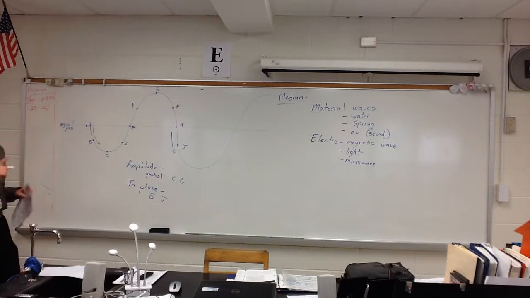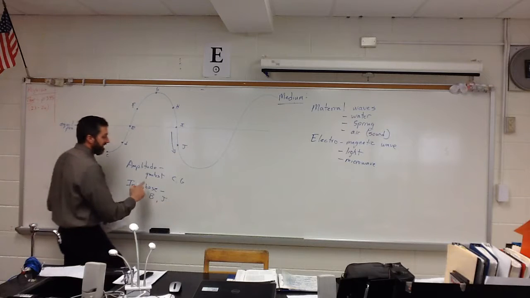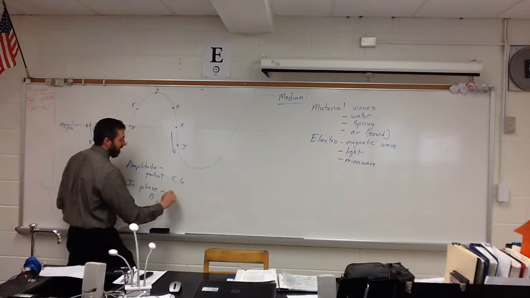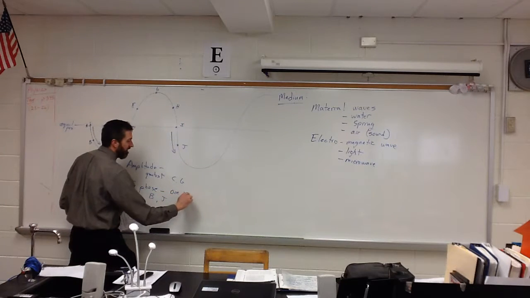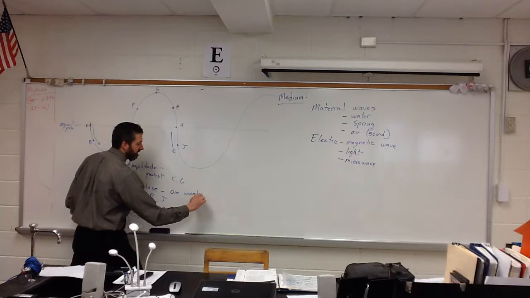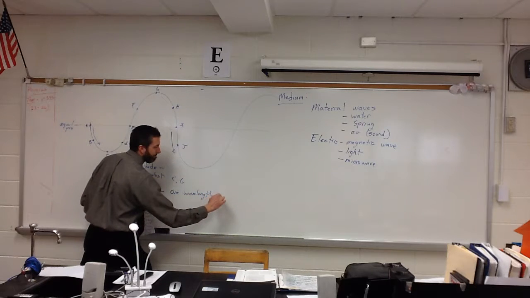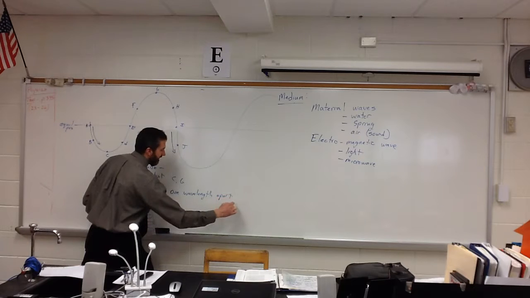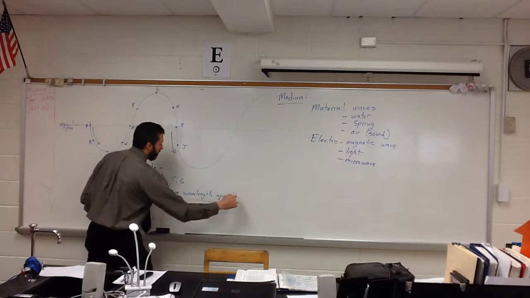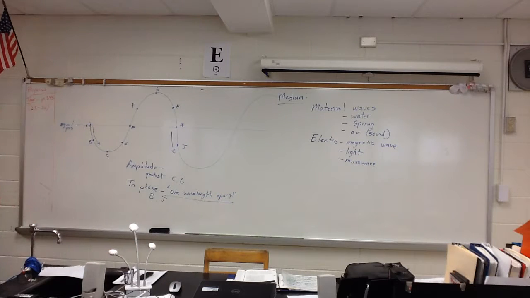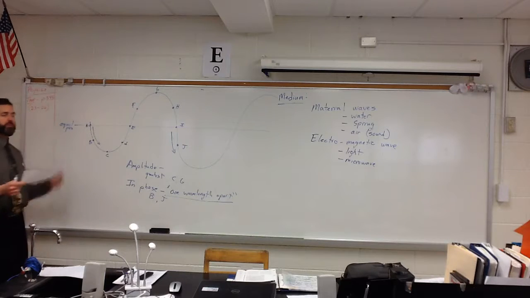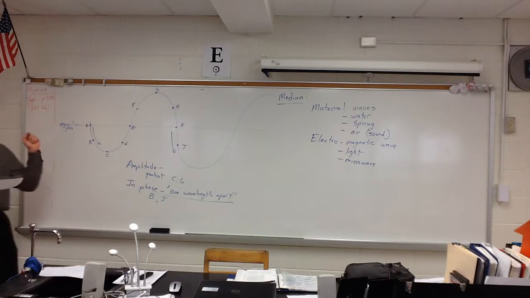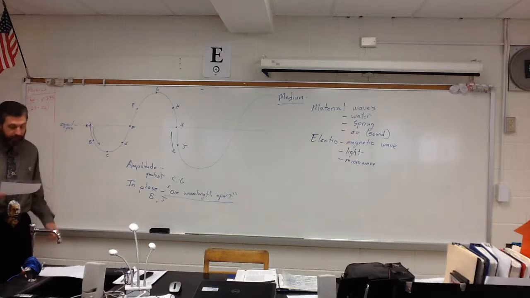And the key with in phase, this is the really important part, is that in phase things are one wavelength apart. That's key. One wavelength apart in phase. You gotta know that. So when you look at the picture, if you find 2 points that are in phase, they are one wavelength apart.